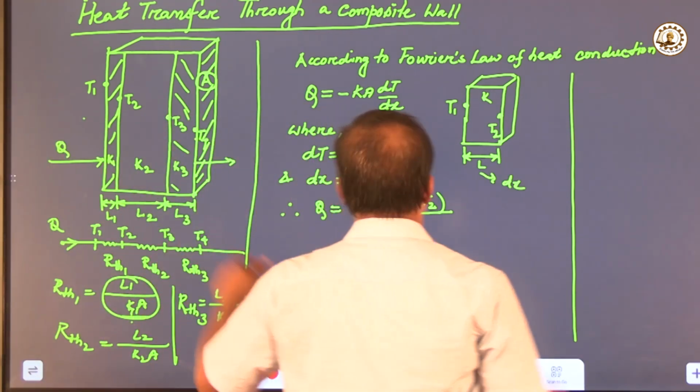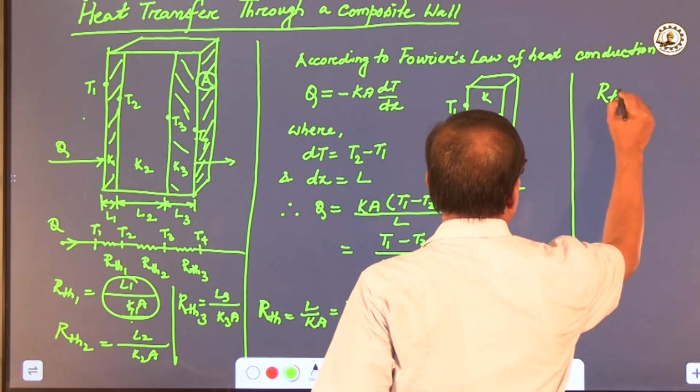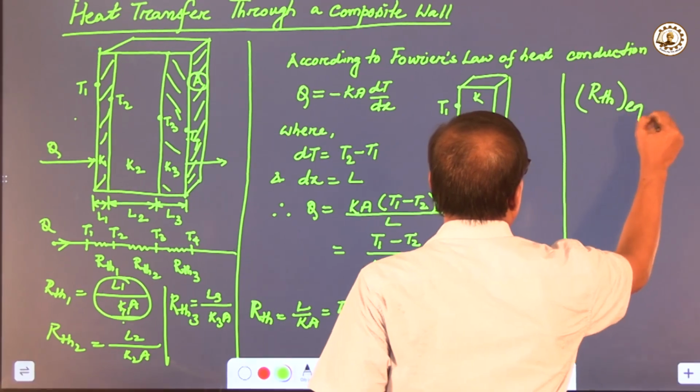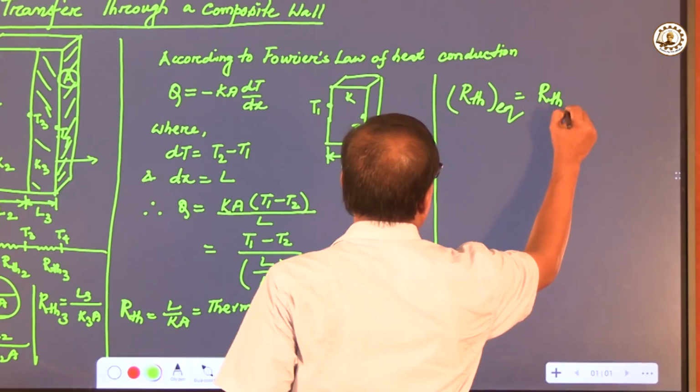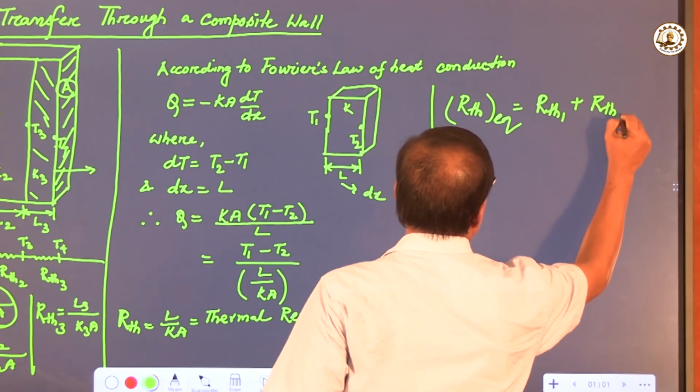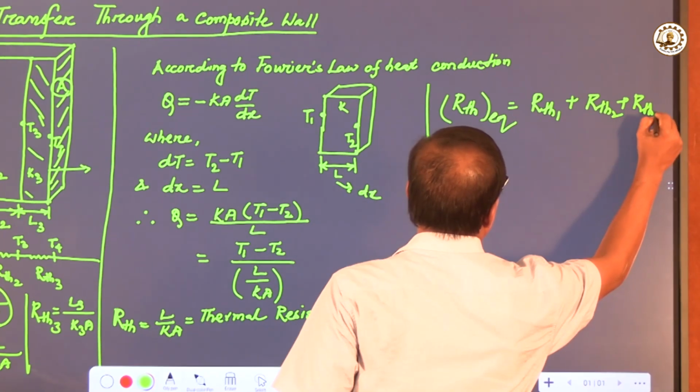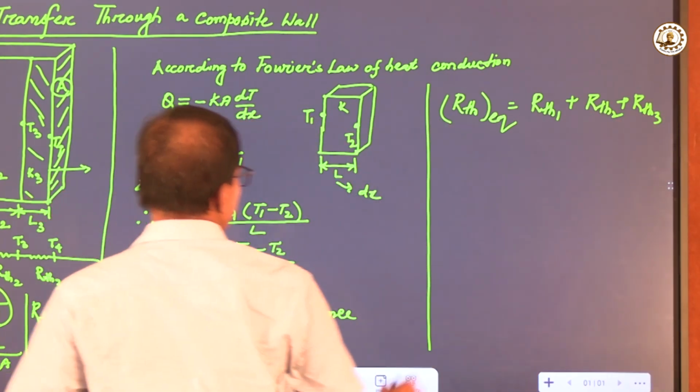Now finally, we can write equivalent thermal resistance equal to R thermal resistance 1 plus R thermal resistance 2 plus R thermal resistance 3, as they are in series.